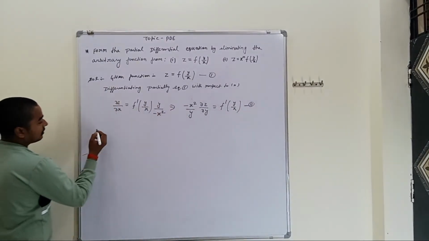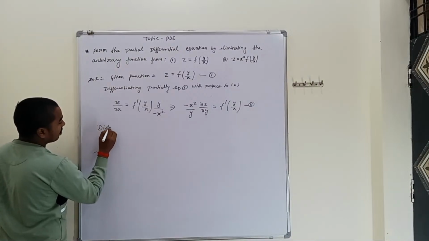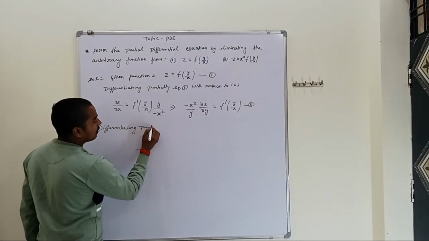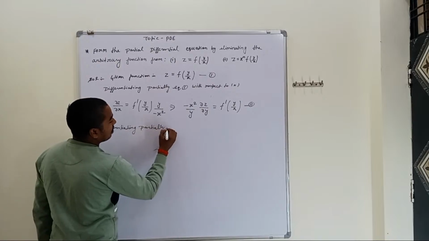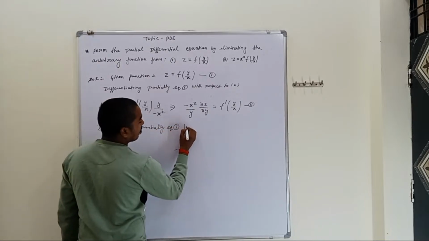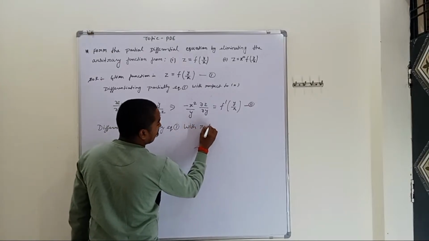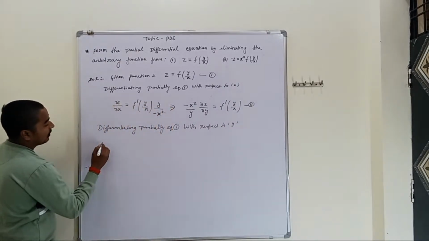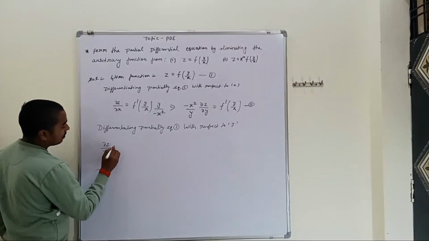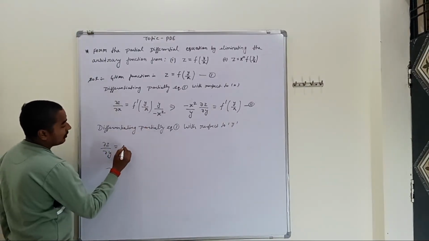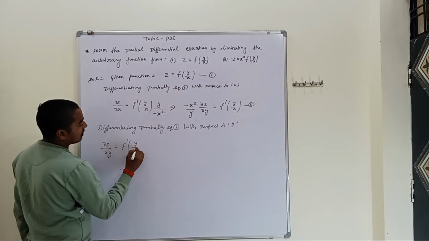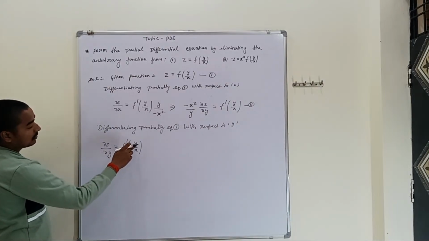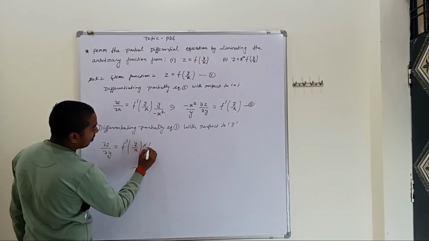Now differentiating equation 1 partially with respect to y, that is del z upon del y is equal to f dash of y by x, and differentiating y by x partially with respect to y gives 1 upon x.